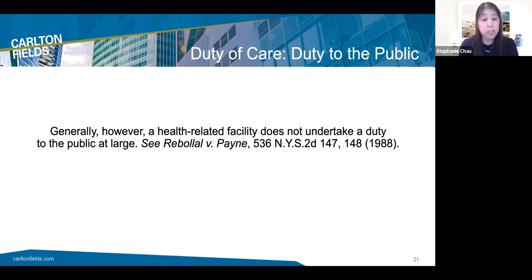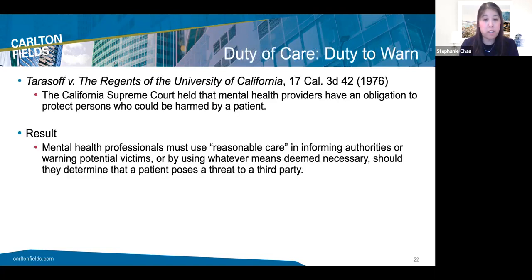The next major duty that I'll mention, other than the duty to control, is one that I think you're probably at least familiar with as practitioners, is the duty to warn. Now, the duty to warn comes from the landmark case from the California Supreme Court, and that's Tarasoff versus the Regents of the University of California. There, the California Supreme Court held that the mental health providers had an obligation to protect persons who could be harmed by a patient.